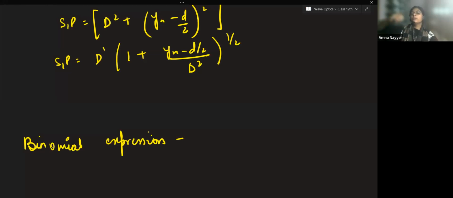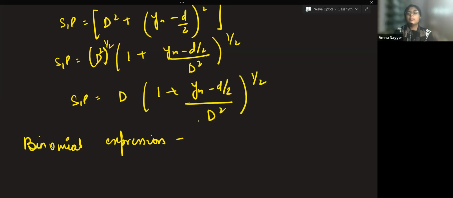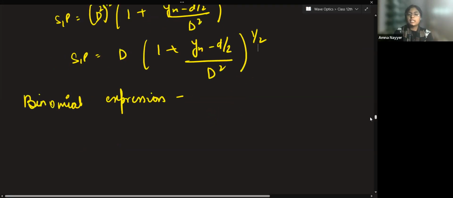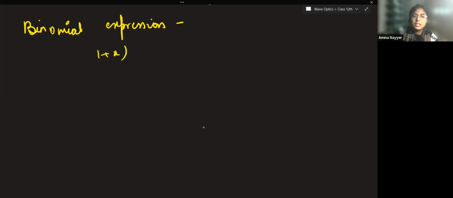Can you see a binomial expression over here? D square I have taken common and the half was already there. That's why I'm getting the value of S1P as D times 1 plus Yn minus d by 2 by D whole square, to the power half. This is forming a binomial expression. Binomials are of the form 1 plus x to the power n, which becomes approximately 1 plus nx.